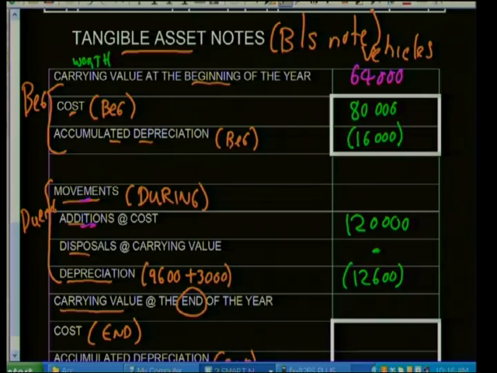Right, next part of the question, what is your carrying value at the end of the year? In order for me to calculate carrying value at the end of the financial year, all I'm doing, guys, is taking carrying value at the beginning of the year. I'm then going to add additions, what I purchased during the year, and subtract the depreciation that I've written off for the financial year.